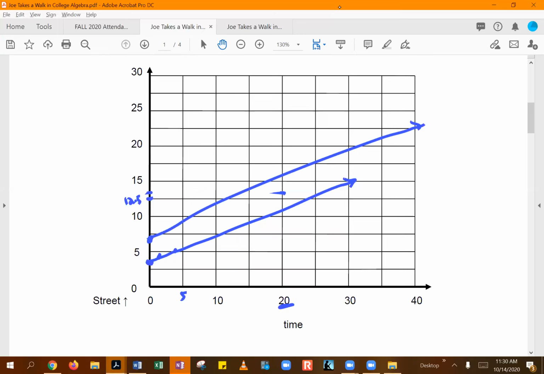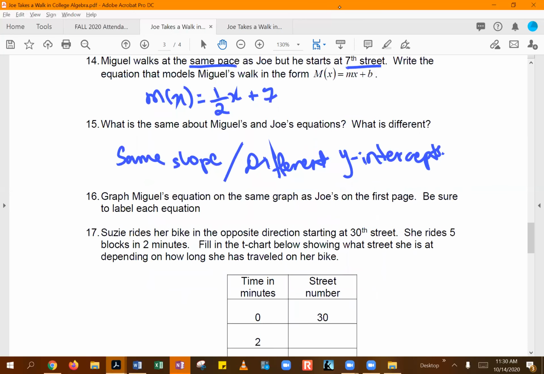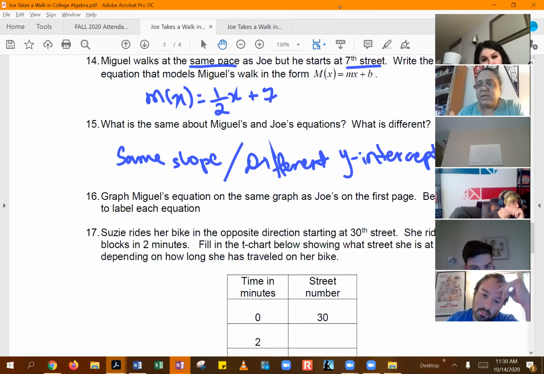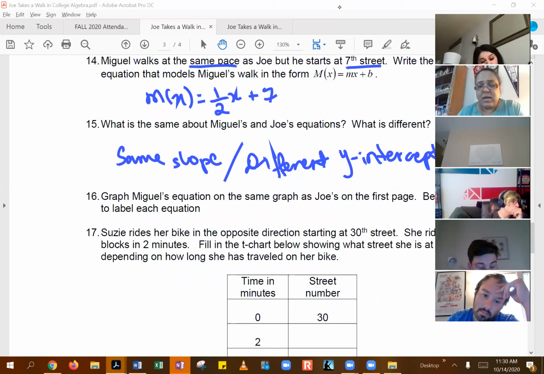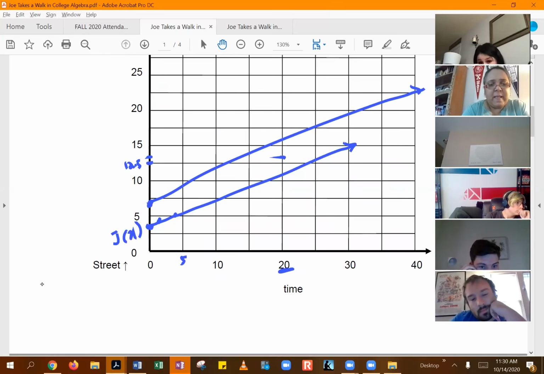But the idea you should actually have here is since they have the same slope, we know having the same slope means the two lines will basically be parallel, right? Their starting points will be different, but the two lines should be parallel. And obviously we're not noticing that with these graphs here, but this one here is for Joe. This one here, let's say, is for Miguel.